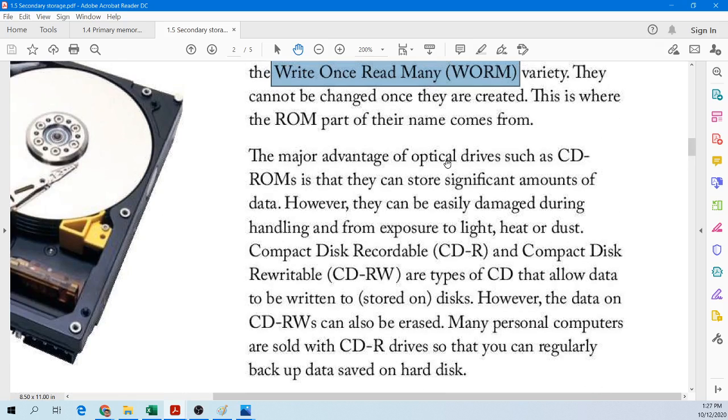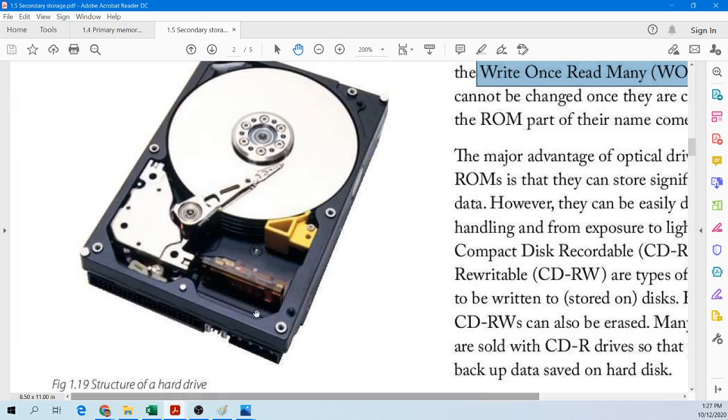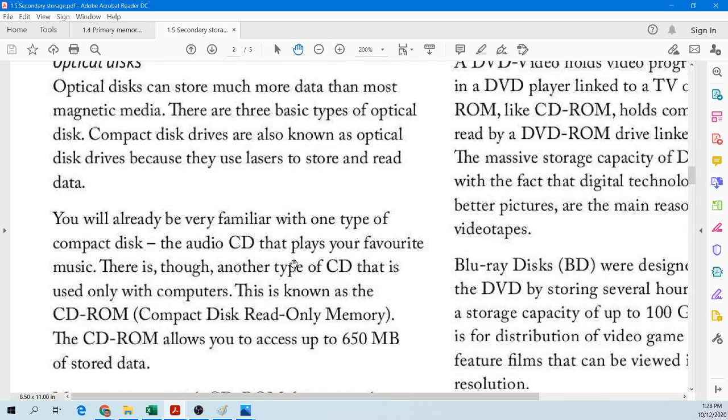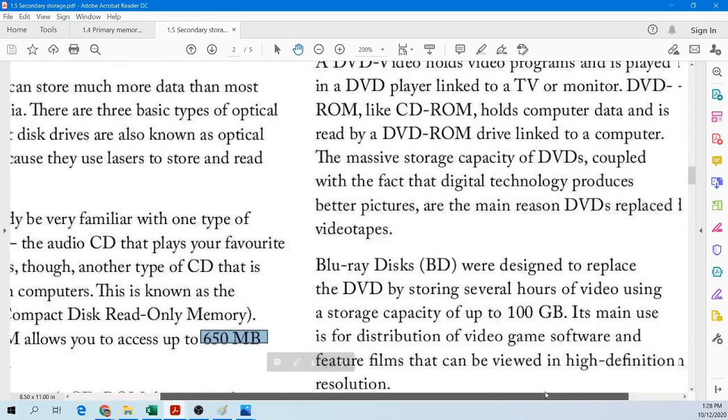So it says that the CD-ROM can store a significant amount of data. Now that's questionable once again, because you can see over here, obviously, that the hard disk stores 700 gigabytes to 1 terabyte of data, even more, 2 terabytes, 4 terabytes, and so on. But a CD-ROM barely has 650 megabytes.